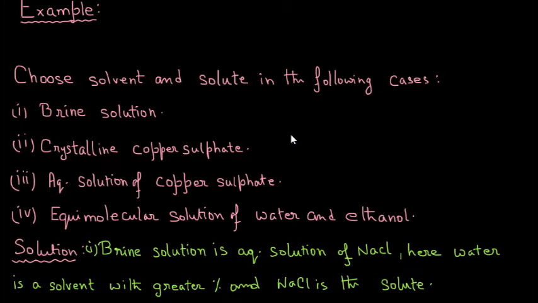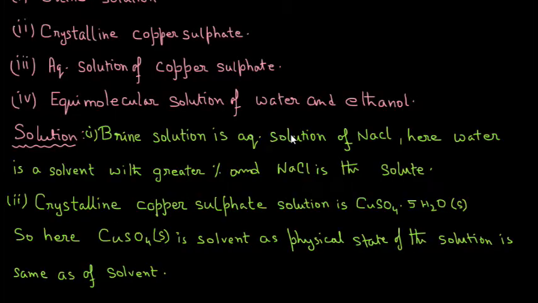So, first answer, brine solution is the aqueous solution of NaCl. Here, water is the solvent with greater percentage and NaCl is the solute. Solution to the next question. Crystalline copper sulphate is CuSO4.5H2O.